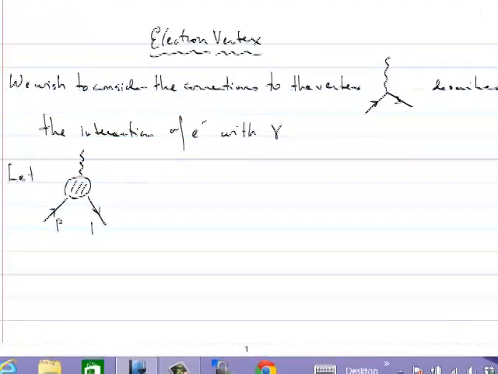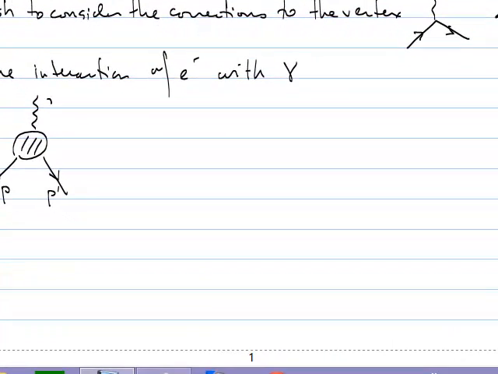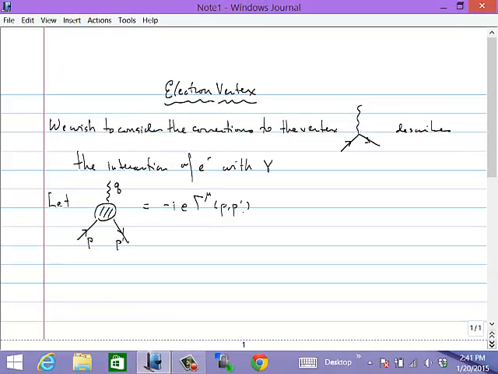So by charge conservation, one of the electrons has to come in, and an electron has to go out. So one arrow has to come in, and one arrow has to go out. And this vertex, this three-point function, carries a free index, a vector index associated with the photon, which I will call mu. And just for the sake of brevity, I will give a name to the sum over all diagrams of this type.